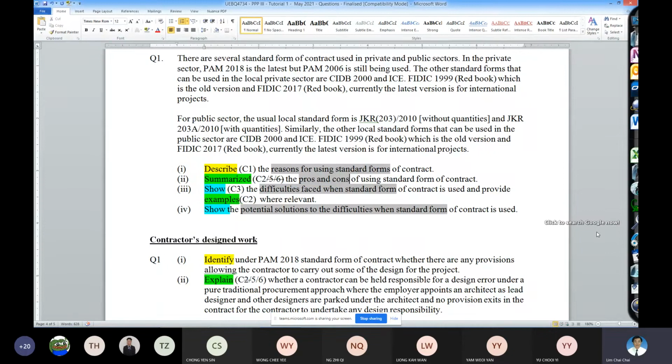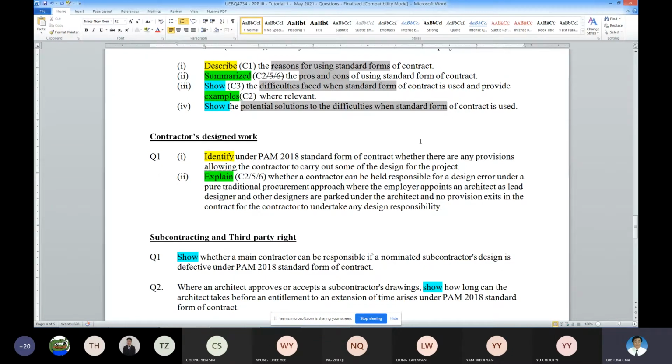So for your second part, that is under the contractor design work, what are the issues? So the issue is any provision under the standard form. Okay, whether under the standard form contract there is any provision allowing the contractor to carry out the design.